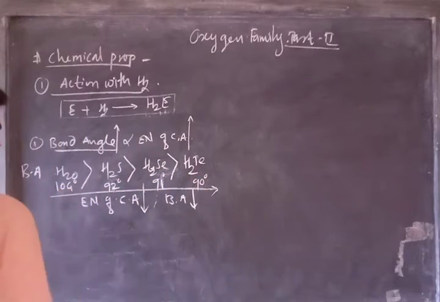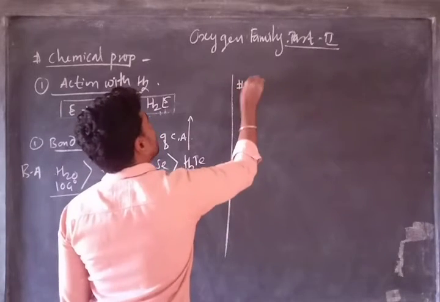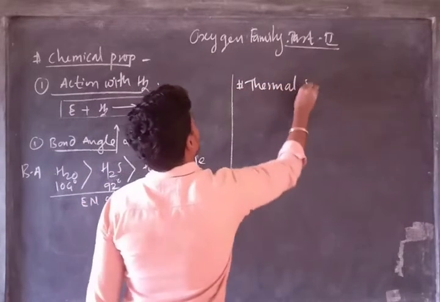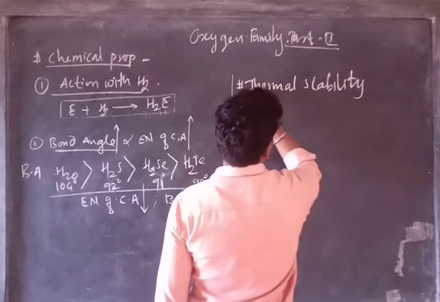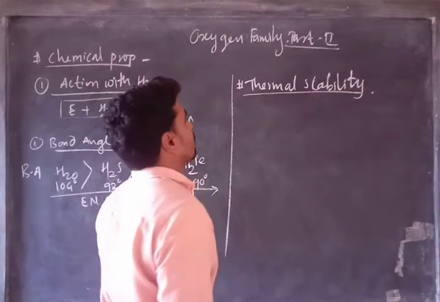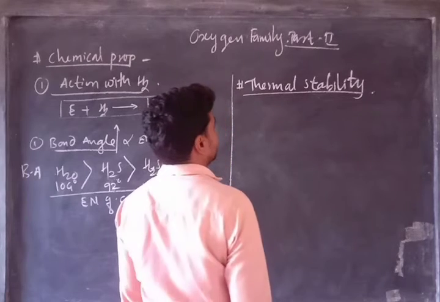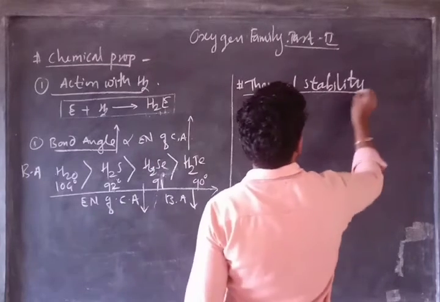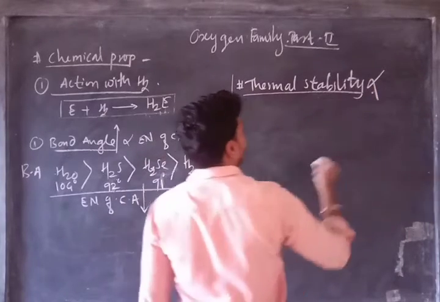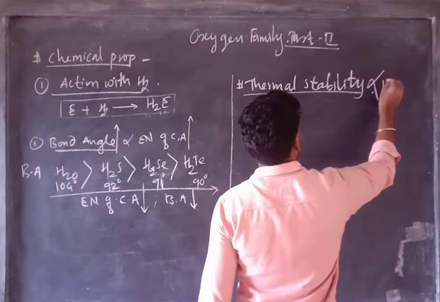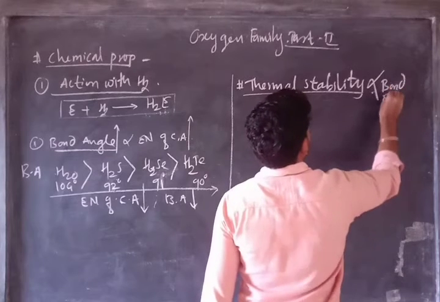After this bond angle, here we learn about their thermal stability. We should know that the thermal stability of the hydride is directly proportional to the bond enthalpy.